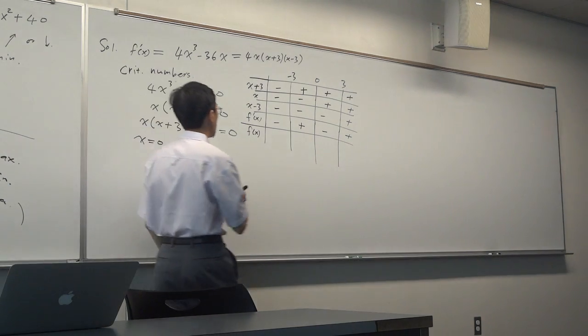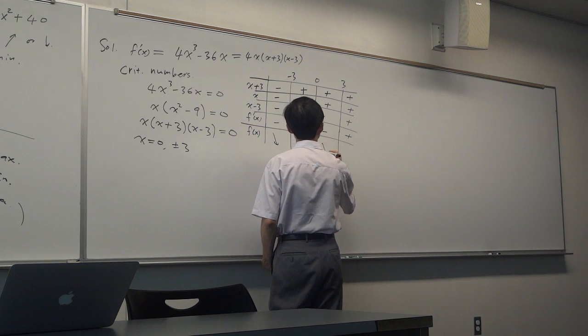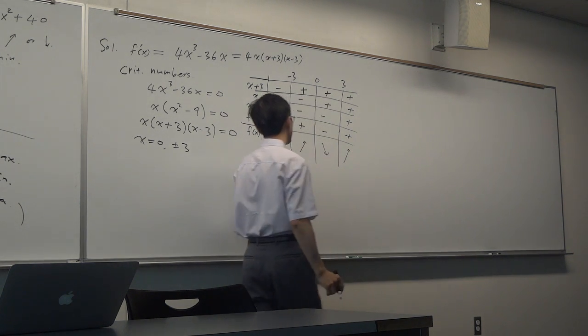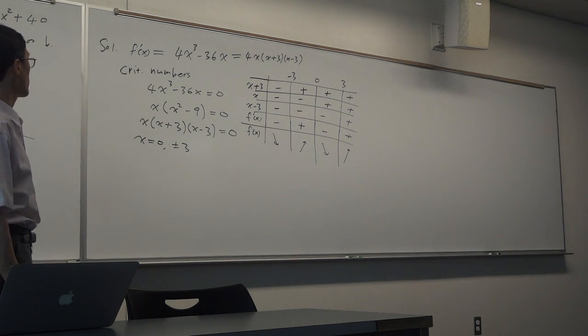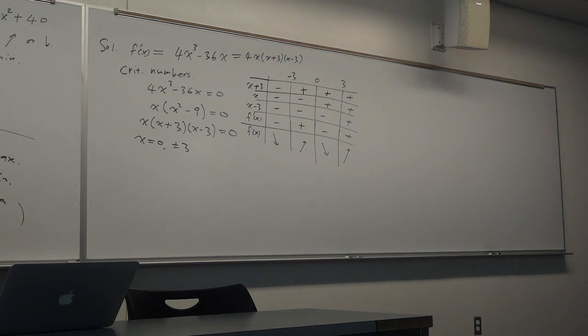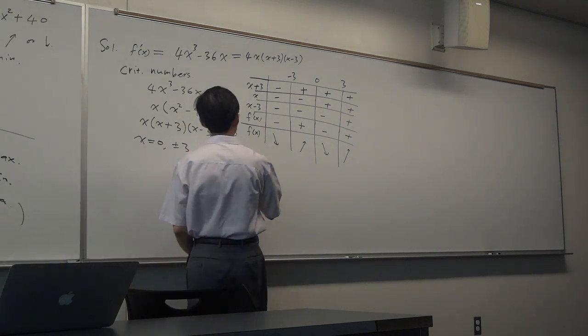And that shows that f should be decreasing and increasing, decreasing and increasing. And right away from this table, you can determine when it's increasing or decreasing, so we already answered this question. It also tells you the local maximum and local minimum. Let me just answer the question again.